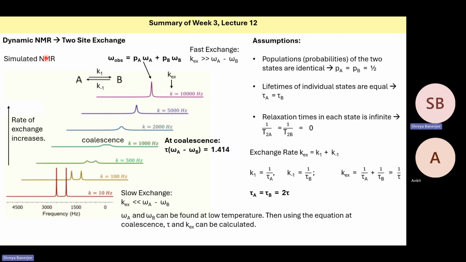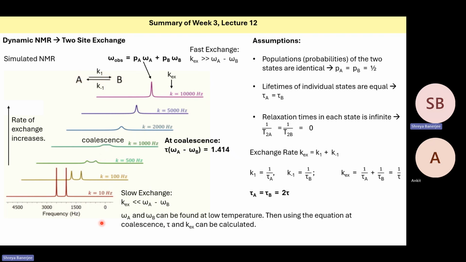Now we will come to another concept, which is dynamic NMR. So suppose you have a proton which is flipping, which exists in equilibrium between two states A and B. Suppose the proton is sometimes on A and sometimes on B, and the rate of the forward reaction is K1 and the rate of the backward reaction is K minus 1.